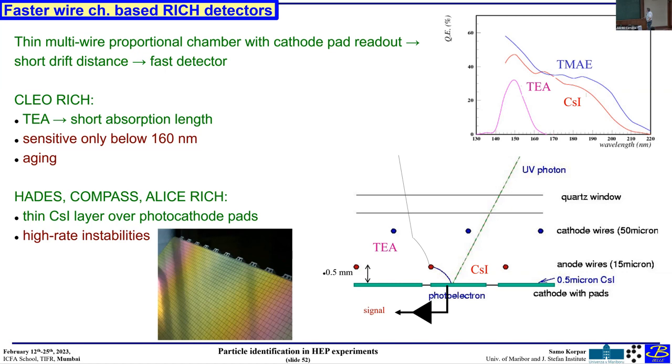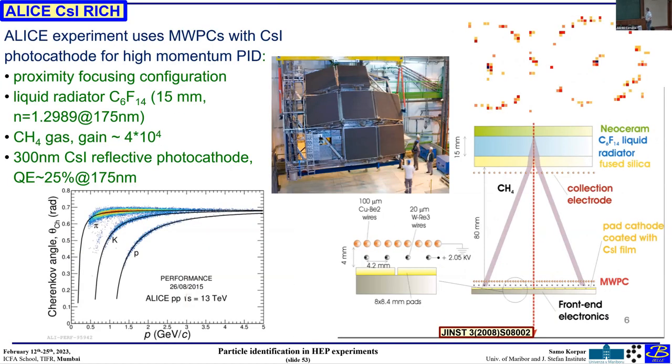But some detectors installed this one, and one is ALICE, which has a cesium iodide RICH. You can see there is a liquid radiator and the cesium iodide chamber here. The backside has good access so that you can exchange aged cesium iodide photocathodes if necessary.